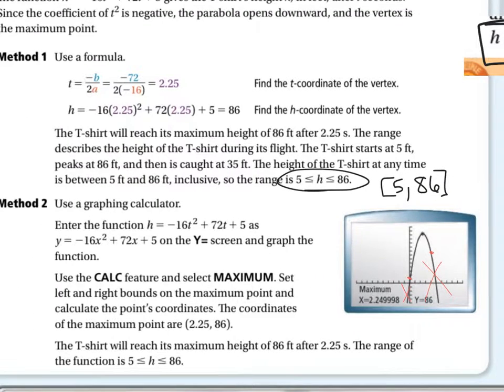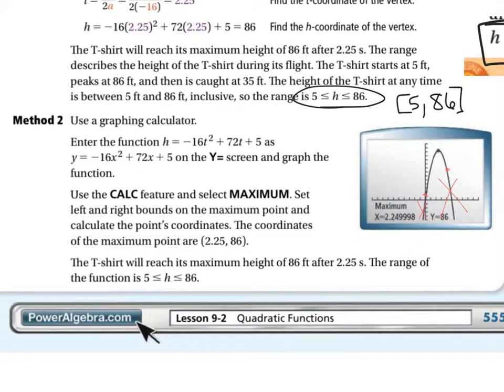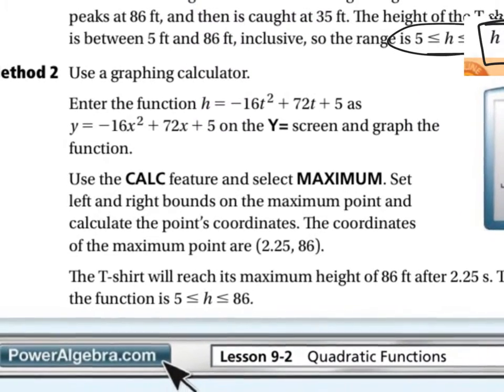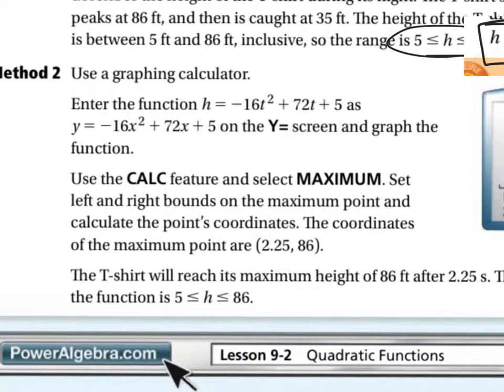We could think through that. The other method would be if we're allowed to use a calculator, or if you're doing this on homework and you want to check your answer, you can find the maximum. Just using the steps exactly like they say in your book, you go to y equals, graph this, and do calculate maximum to figure out the maximum point. It's going to ask you for a left bound. Make sure you're to the left of that point, hit enter.